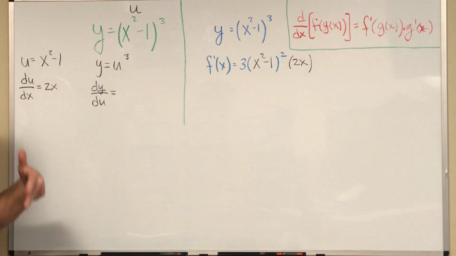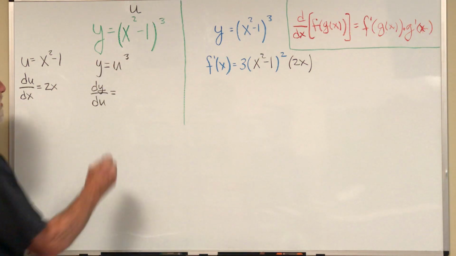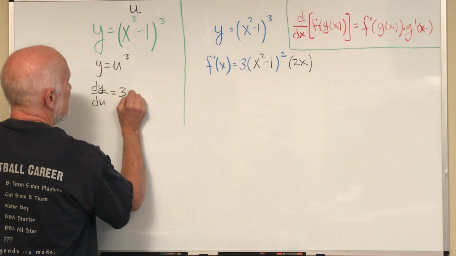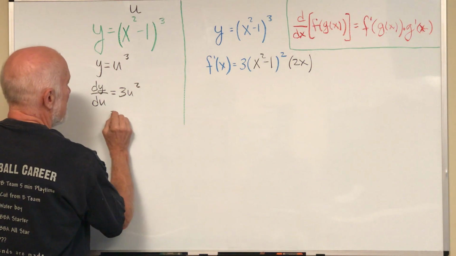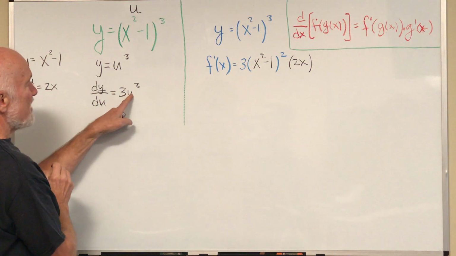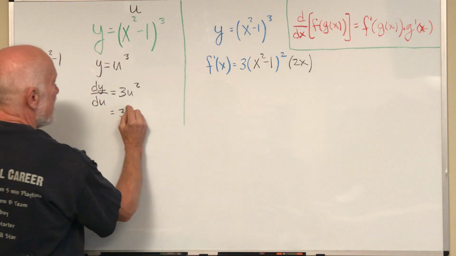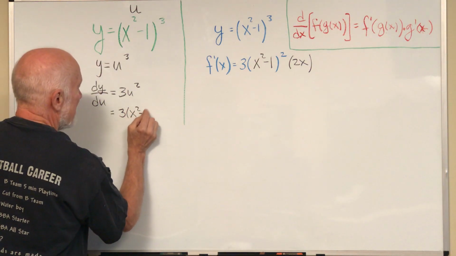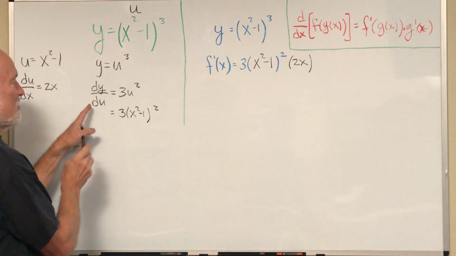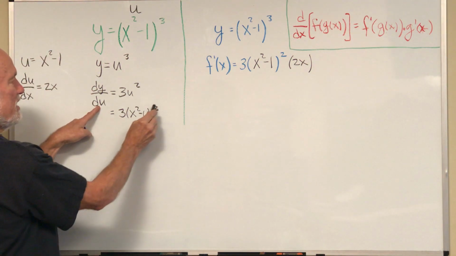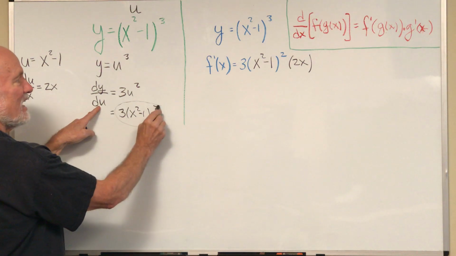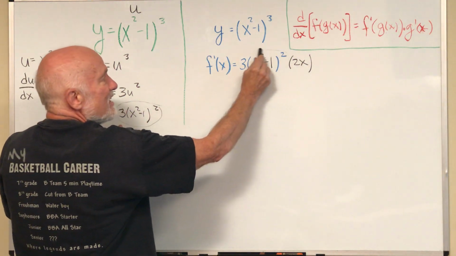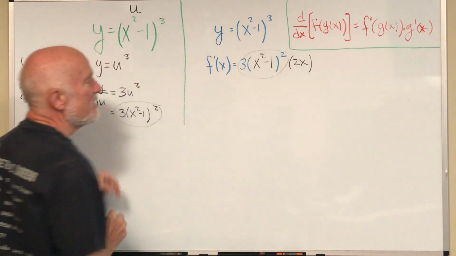So instead of the derivative being 3x squared, it's going to be 3u squared. And since u itself is really x squared minus 1, what do we notice? That dy du is equal to this. And notice that that is the same thing as here.